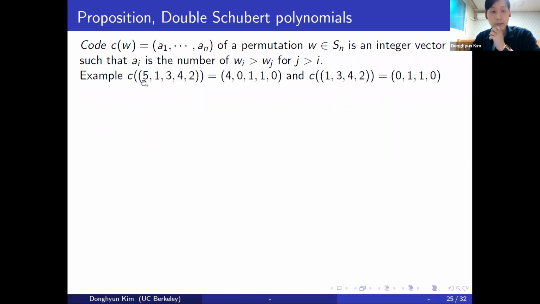For the first one, 5 is greater than these 4, so the code for the first part is 4, and 1 is the smallest one, so it should be 0. And for 3, 2 is smaller than 3, so 1. For 4, 2 is smaller than 4, so it's 1. And the code for the permutation 1, 3, 4, 2 becomes 0, 1, 1, 0.